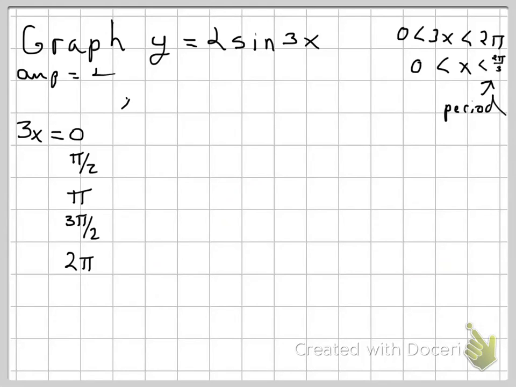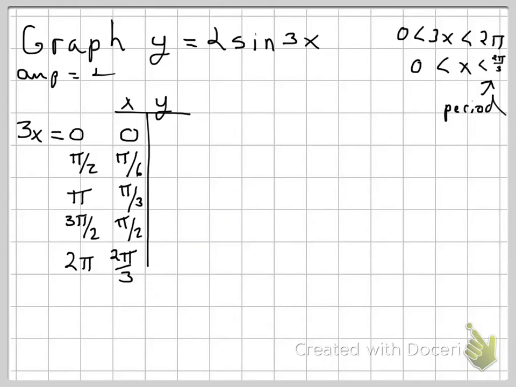And to solve for x for each one of those, I'm going to have to divide by 3. So 0 divided by 3 is 0. Pi over 2 divided by 3 is pi over 6. Pi divided by 3 is pi over 3. 3 pi over 2 divided by 3 is pi over 2. And 2 pi divided by 3 is 2 pi over 3.